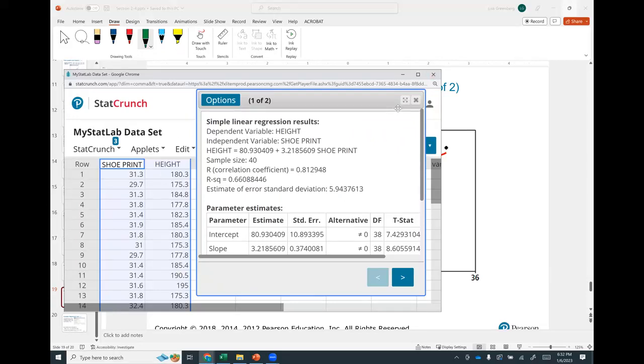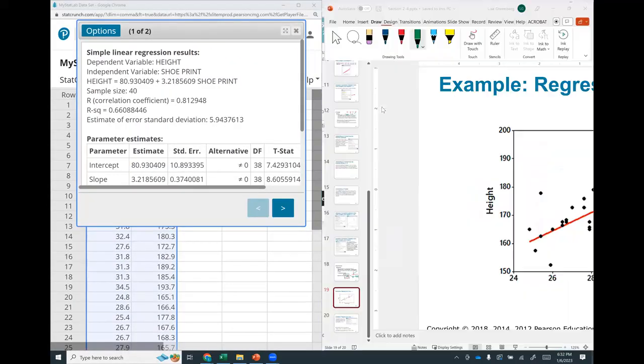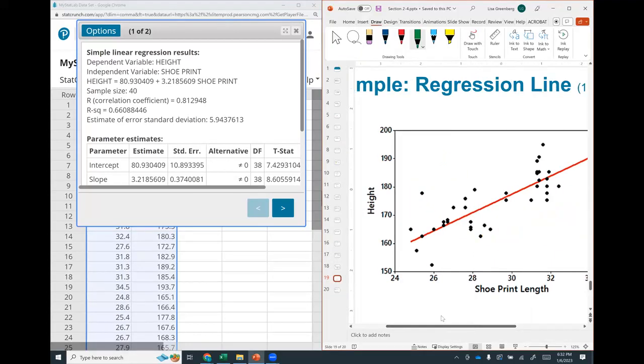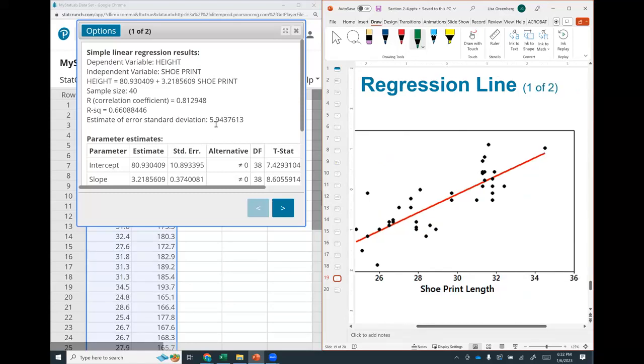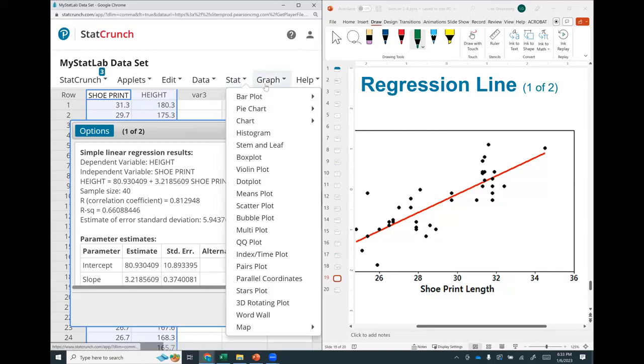Let's try this. Okay, actually, I closed the wrong one. Let's move this down. And let's go back and graph that one.